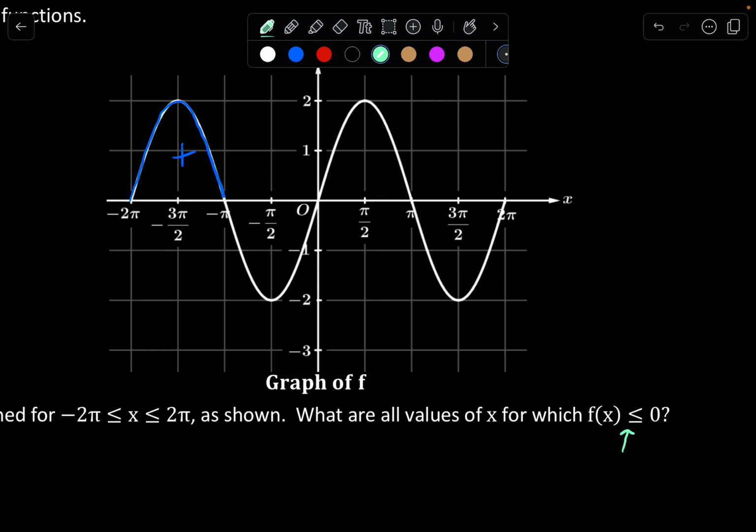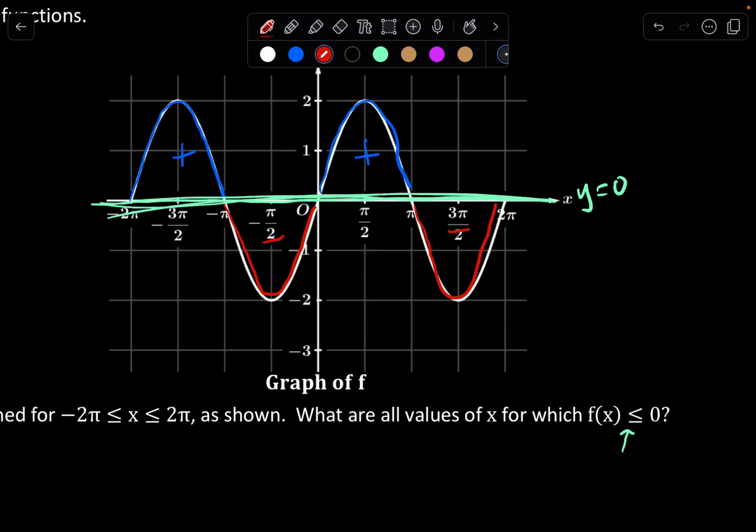So we'll call this y equals 0 here, or f of x is equal to 0. And then once we pass negative pi, we can see that it is below 0. So this is our threshold for what satisfies or dissatisfies this inequality here. So this next curve, we have it positive because it's above. And then the last part of the curve is going to be negative because it is below.